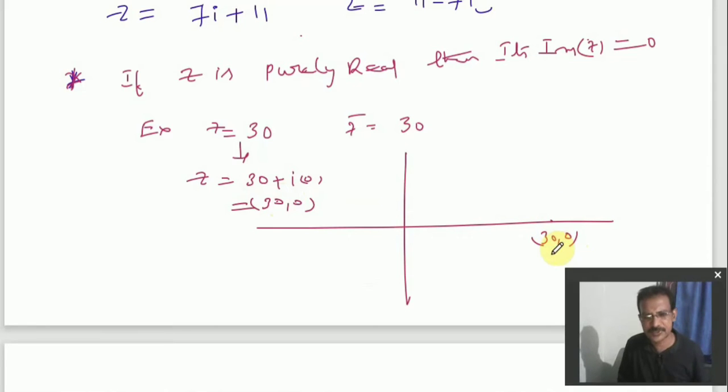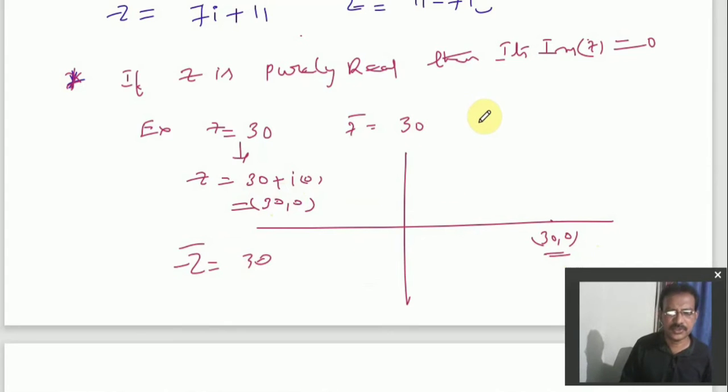What is its image? The reflection of this point with respect to the real axis is the same point. Therefore z bar is also equal to 30. So z and z bar are the same.